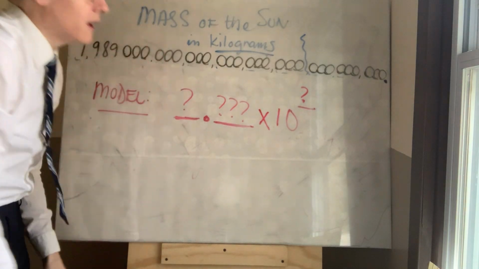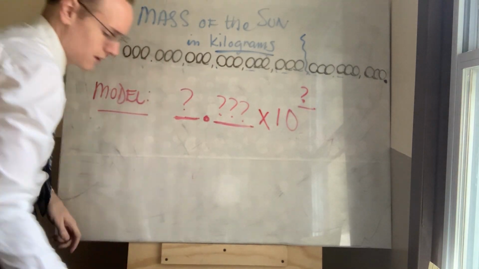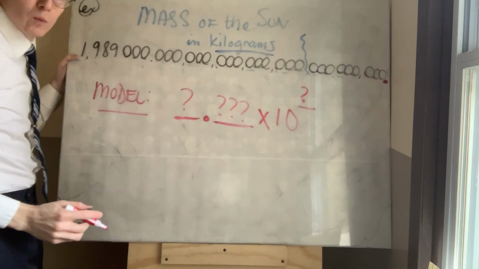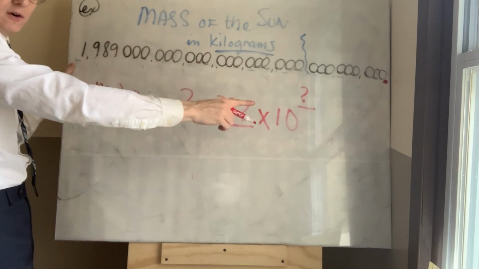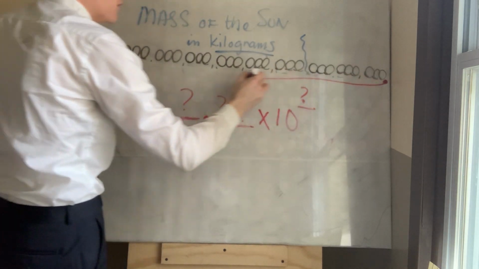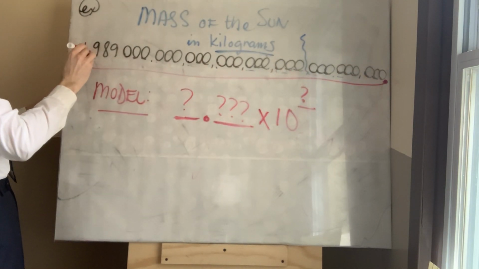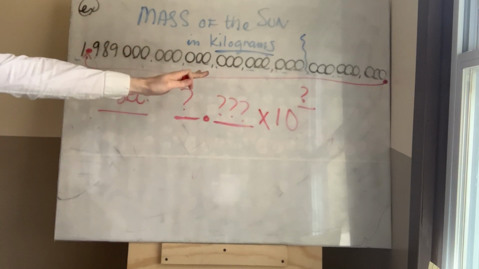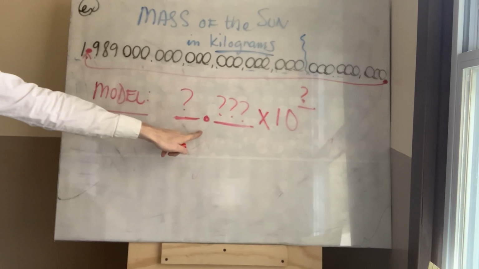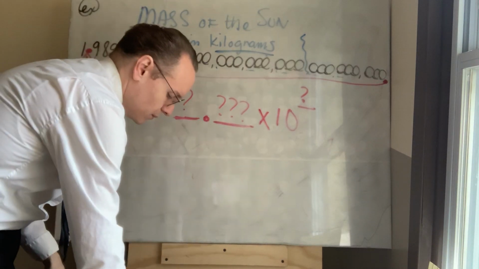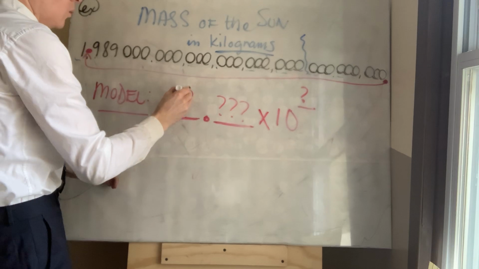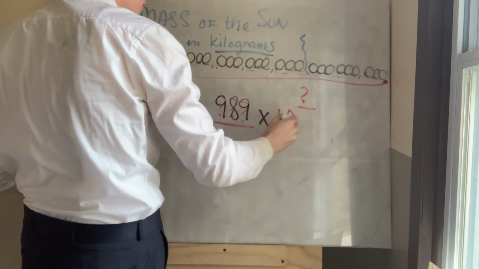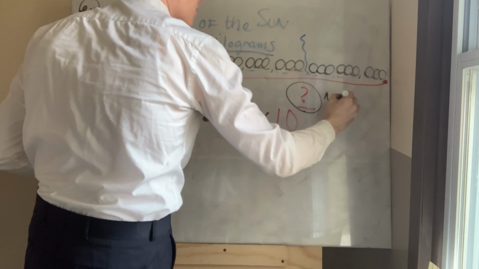Anyhow, if you can imagine taking this decimal point, which would be after the ones place on the very, very far right, and moving it to just in between the 1 and the 9, right? You can translate this vast quantity into the abbreviation. And it would be 1.989 times 10 to the number of spaces moved.